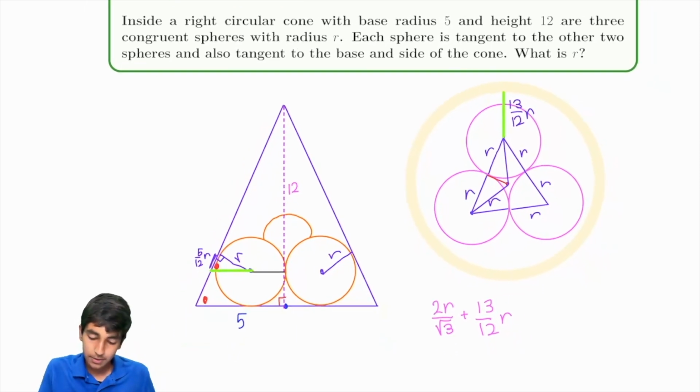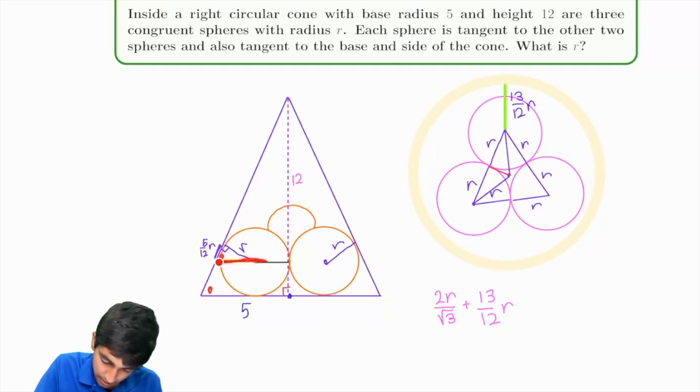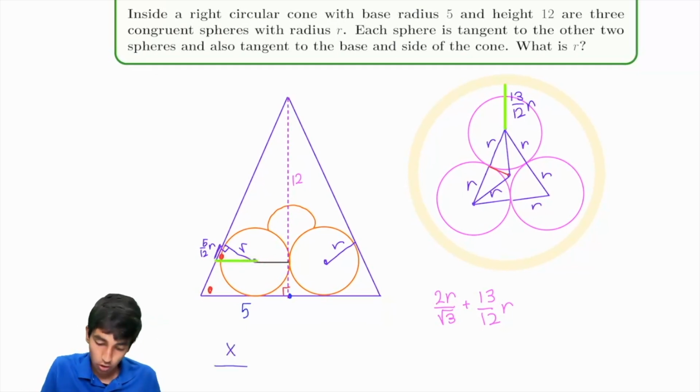So now let's just write our similarity equation. So we have this, which is what we're trying to find. Let's call it x. x over whatever this distance is. What is this distance? This whole thing is 12, and this part is r. So x over 12 minus r is the same as 5 to 12.